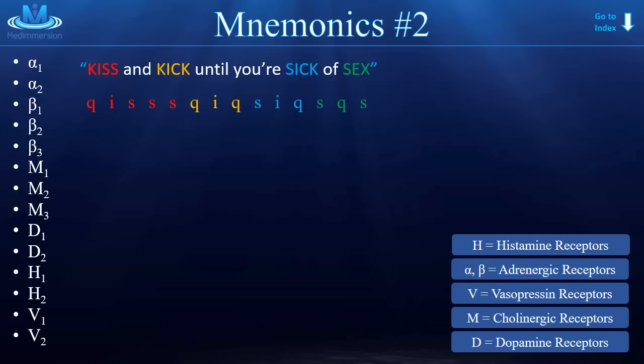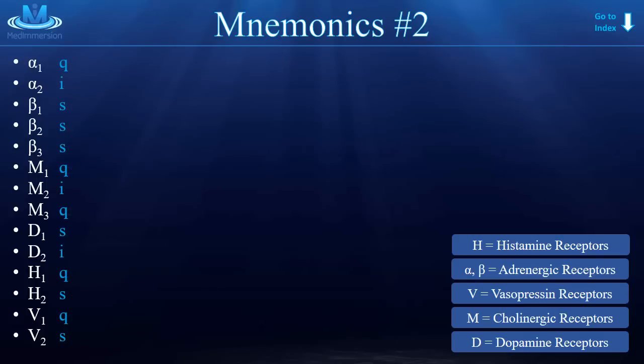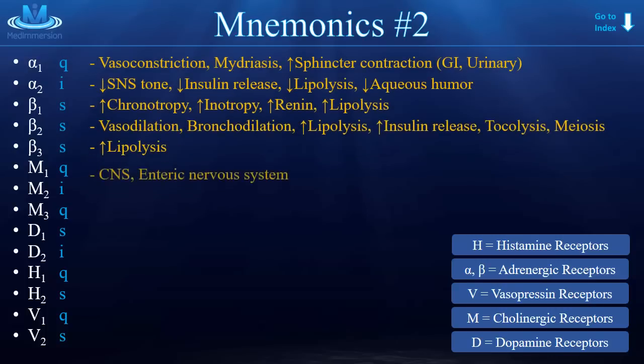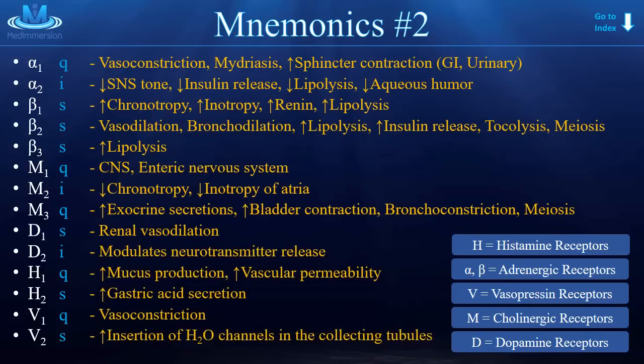Kiss and kick until you're sick of sex. And there you have it. Each receptor lined up with the type or the subtype of Gq protein that goes with it. And for your added viewing pleasure, here are a couple of short lists about what each of these receptors contribute to in our bodies physiologically.